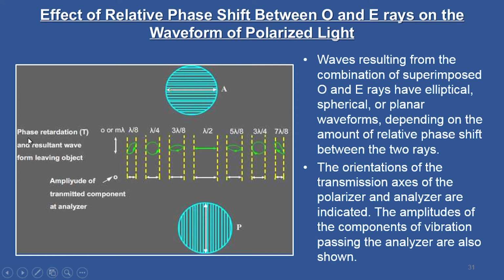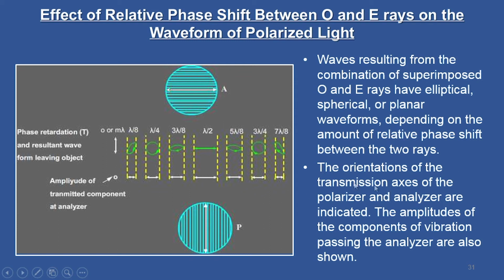This is the phase retardation and resultant waveform leaving the object, and this is the amplitude of the transmitted component at the analyzer. The phase shift of lambda by 8 produces this amount of amplitude, lambda by 4 produces a different level of amplitude, 3 lambda by 8 again produces a different one, and lambda by 2 produces the maximum amplitude at the analyzer.